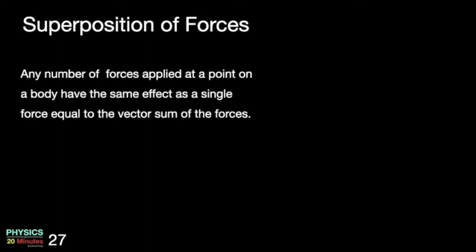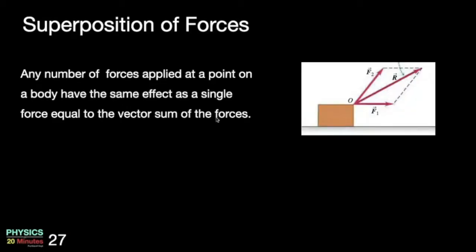Forces follow the superposition principle. So we know what the superposition principle is. If you have more than one force applied at a point, then the vector sum of all the forces acts like a single force. For example, in this diagram I have two forces F1 and F2.